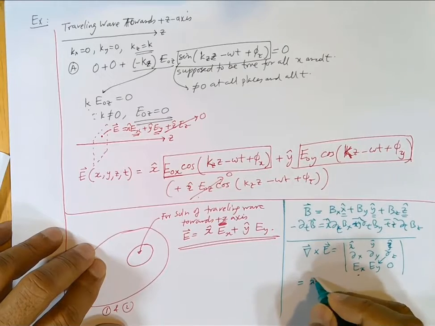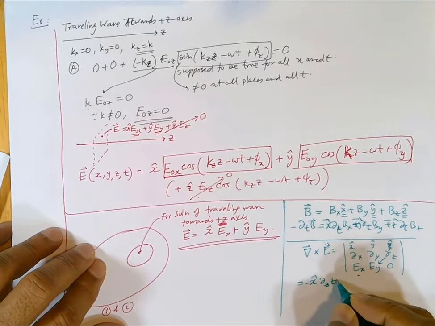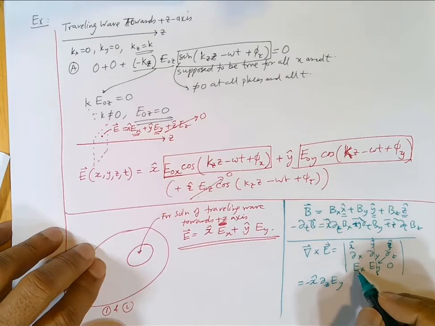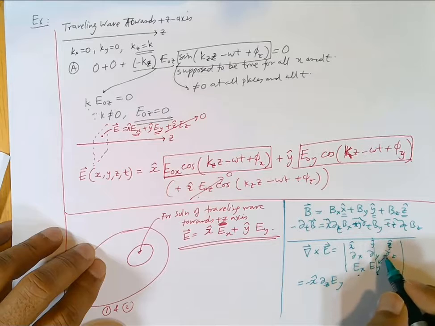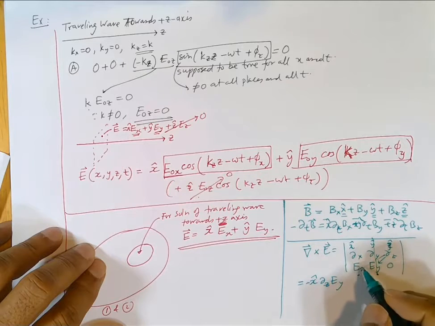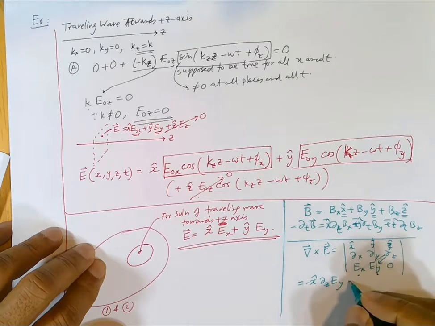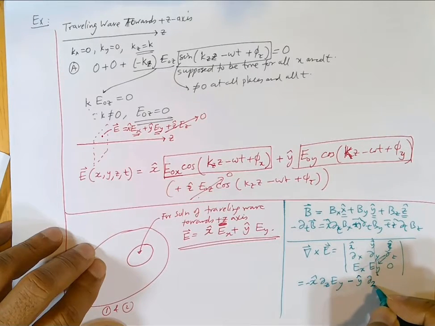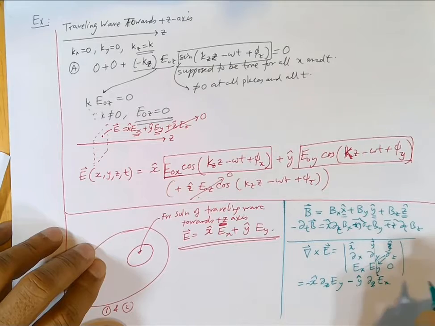So I get x hat minus x hat dz Ey, and then if I go over here, I get minus y hat dz Ex.